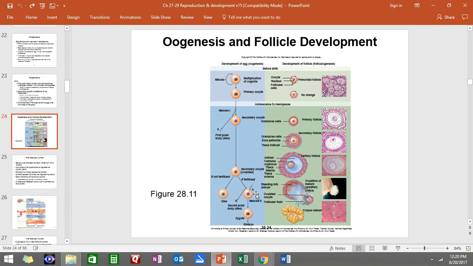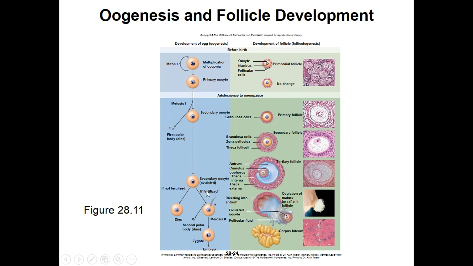After ovulation, it's very strange, but the egg begins the process of meiosis 2. It begins the process, but it doesn't complete it until after fusion with the sperm. How very strange. The egg doesn't complete meiosis II until after fertilization.